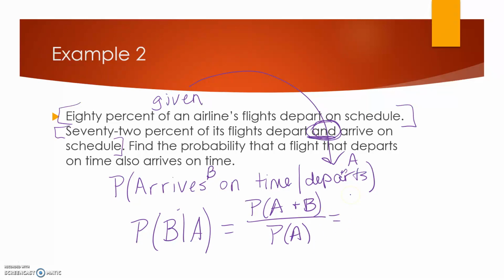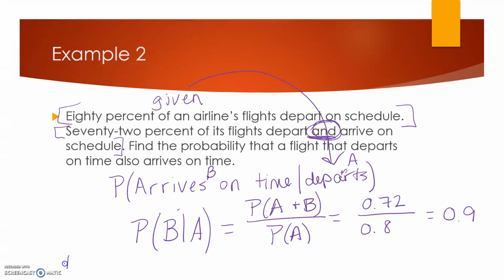So what I'm going to do is plug in these, but I'm not going to use 72%. I'm going to write it as a decimal. So I'm going to say my probability of the and is 0.72. My probability, or my given, is the 80%, so that's 0.8. And now this one I am going to put in the calculator because we don't want to have 2 decimals, especially within a fraction. So if we do 0.72 divided by 0.8, we should get 0.9.